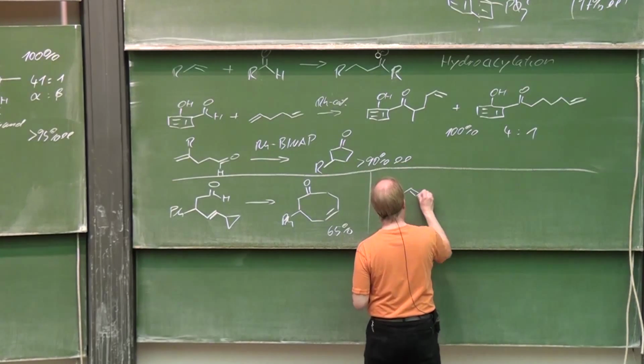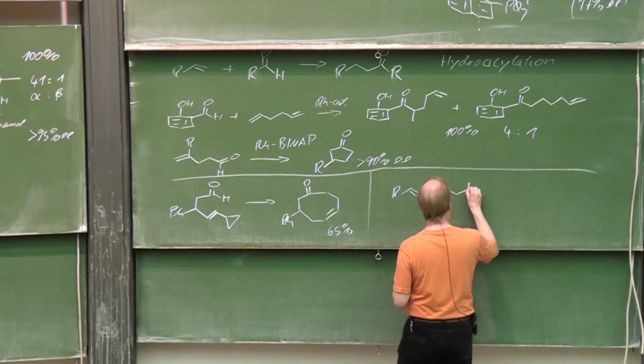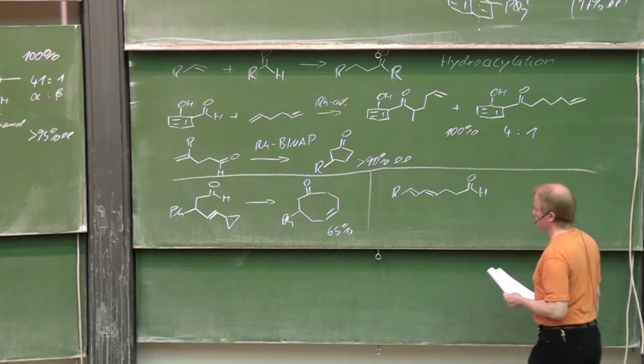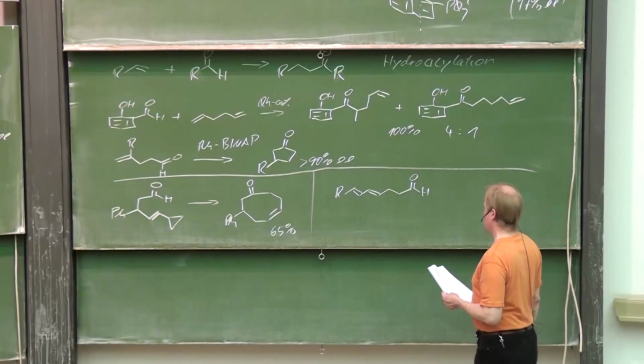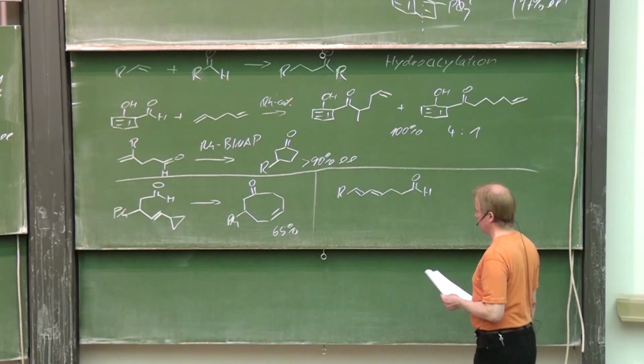Also 7-membered rings are to be synthesized similarly. This is the less spectacular example.